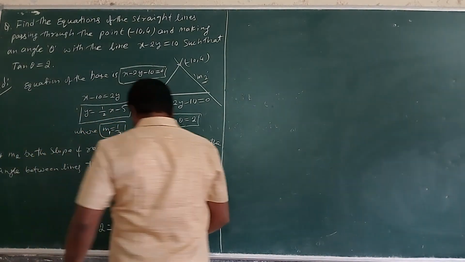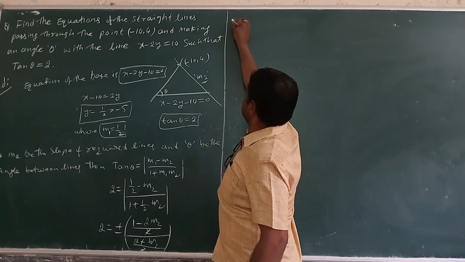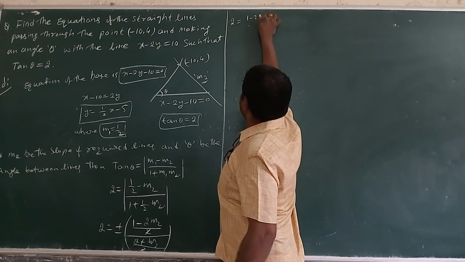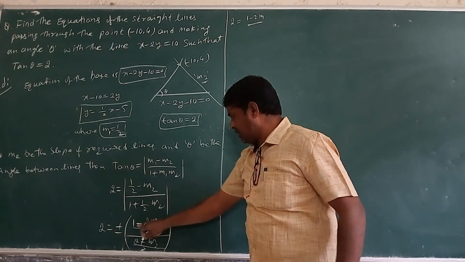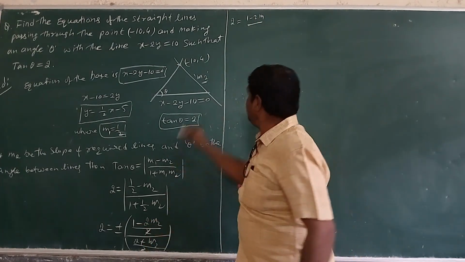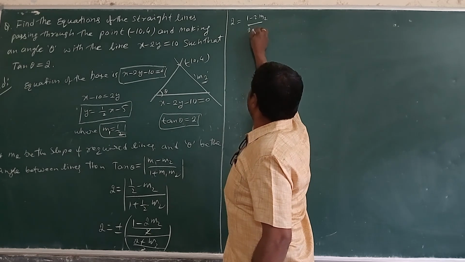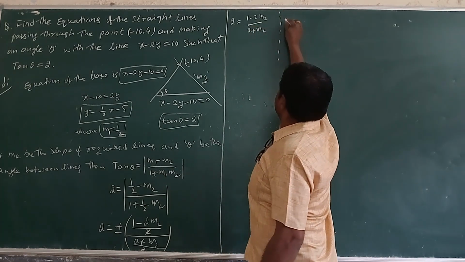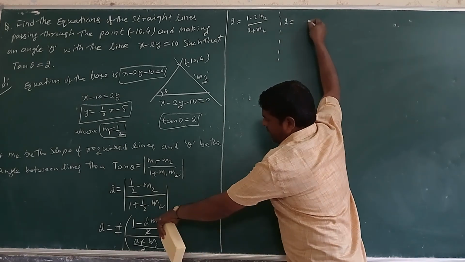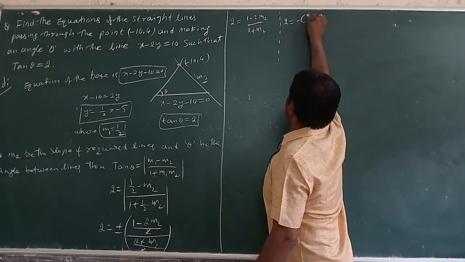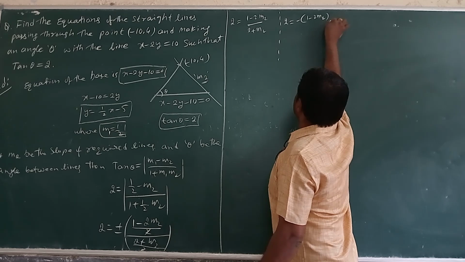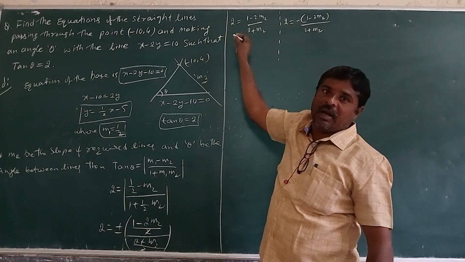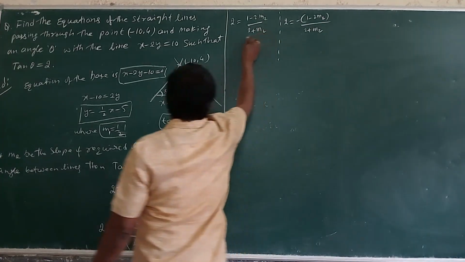We have two cases, one plus and another minus. First, 2 equals (1 minus 2m2) by (2 plus m2), or second, 2 equals minus of (1 minus 2m2) by (2 plus m2).